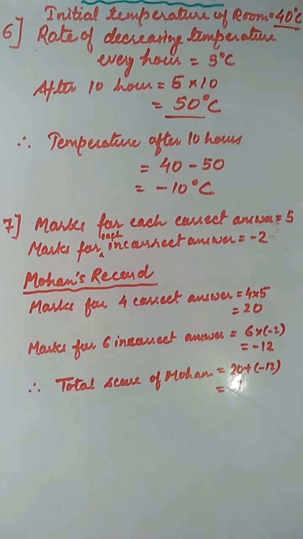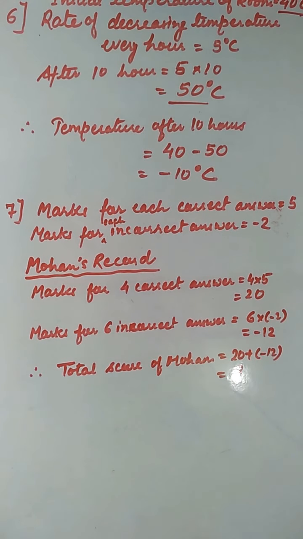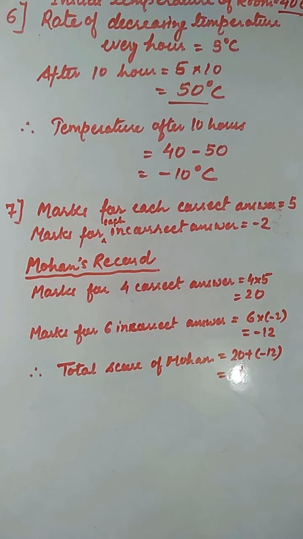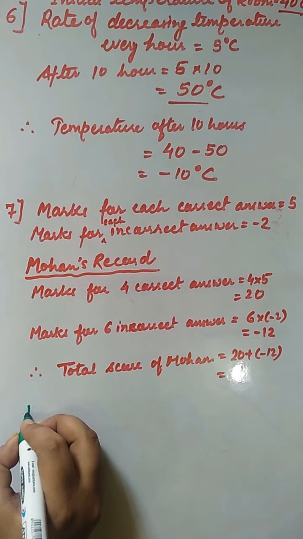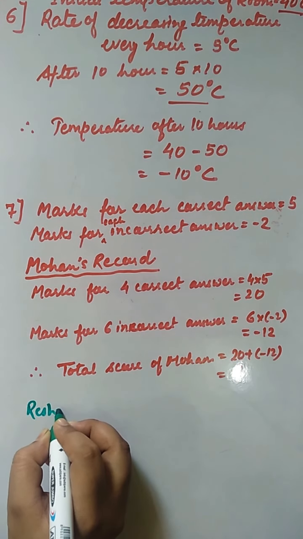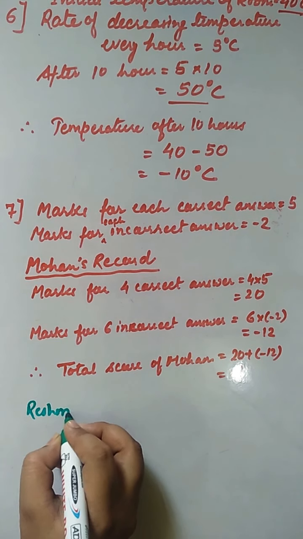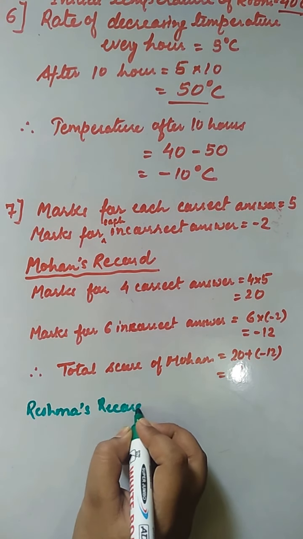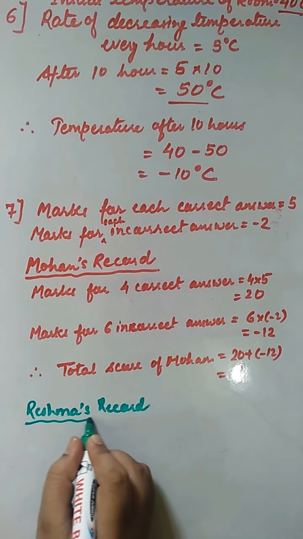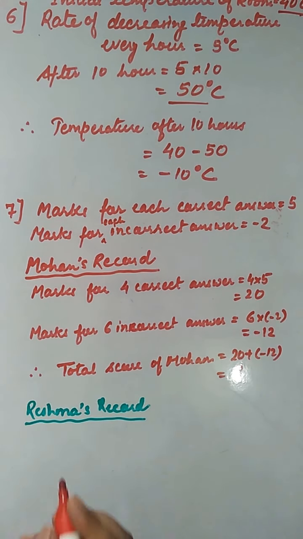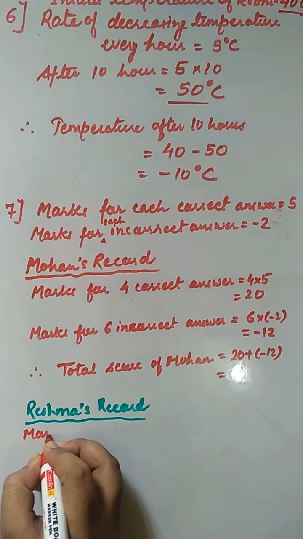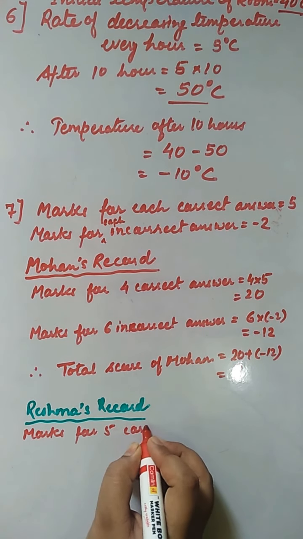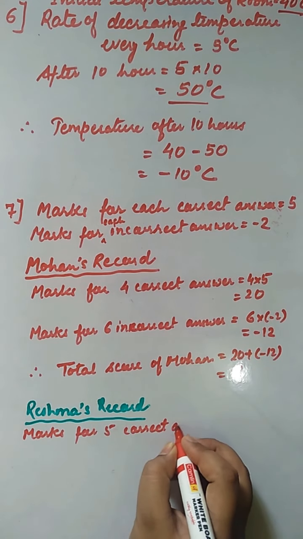Now the second one is Reshma. You can do it on your own also. Reshma's record: she has done 5 correct answers. So marks for 5 correct answers is how much?